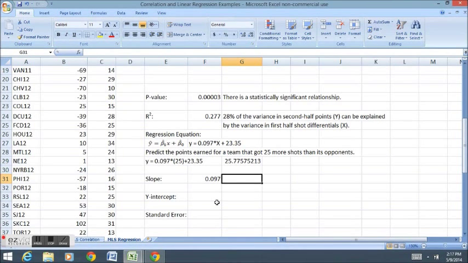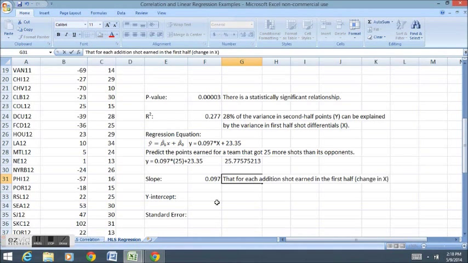To interpret that in real terms, we would say that for each additional shot earned in the first half, that's our x, technically it's our change in x, we expect 0.097 additional points in the second half of the season.